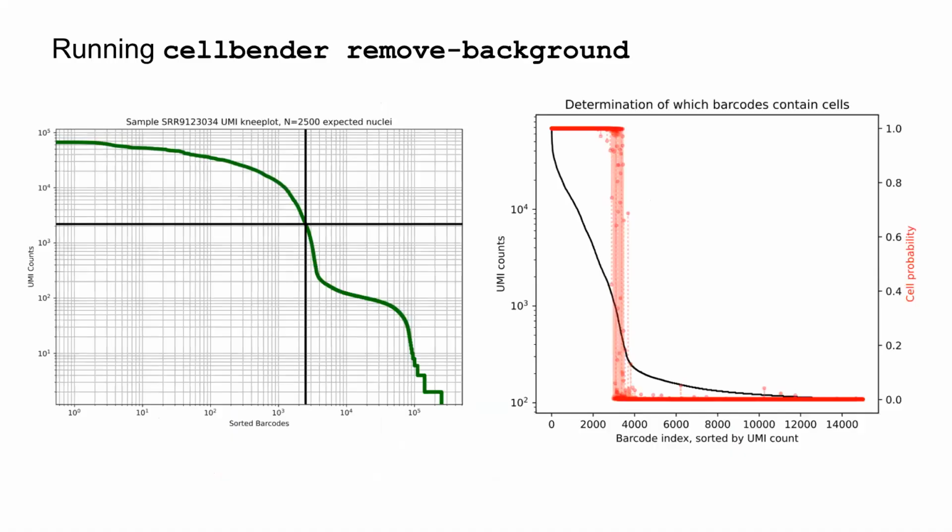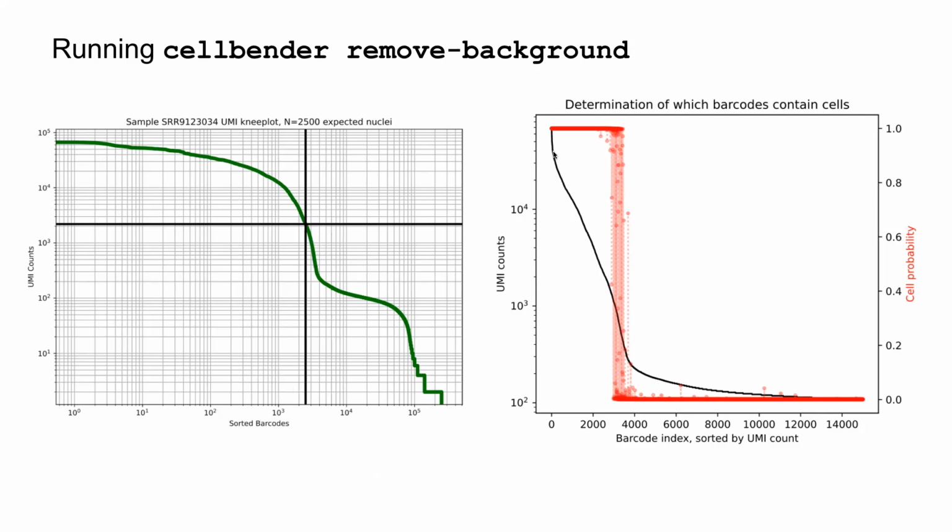The one parameter you do have to supply is the number of expected nuclei. It's not super sensitive to this parameter. For this one, I made a knee plot and manually looked with my eyes: okay, 2,500 looks like where the inflection might be.